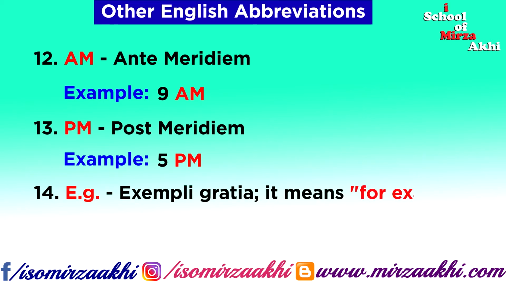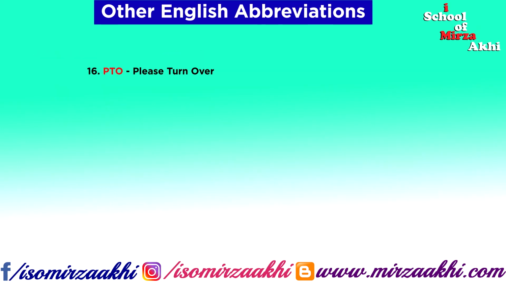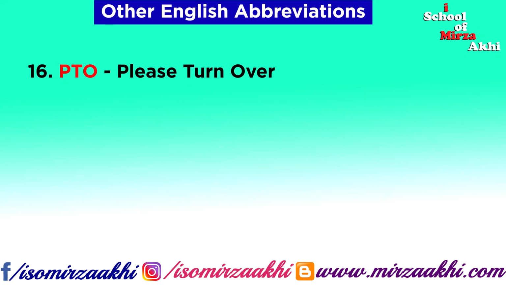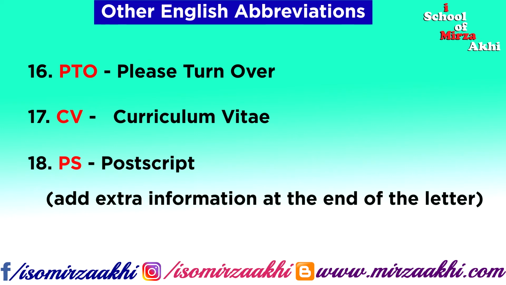It means "for example". i.e., id est. It means "that is". PTO: please turn over. CV, curriculum vitae. PS, postscript. It means add extra information at the end of the letter.